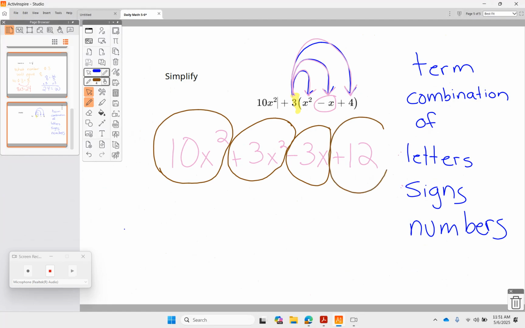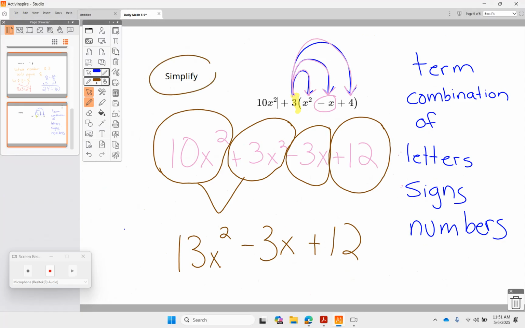And this is just a number term. So I can combine my two x squareds, 10x squared and 3x squared is 13x squared, minus 3x plus 12. Remember, you were asked to simplify. This is your final answer. You have distributed, this is your distribution, and you have combined your like terms. And that is your final answer.